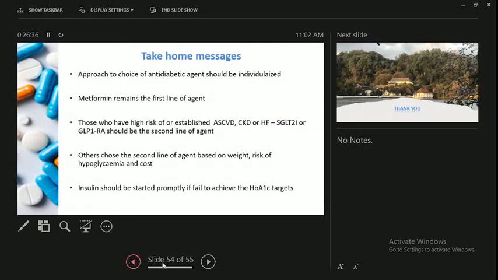Others choose the second line agent based on the weight of the patient and risk of hypoglycemia and the cost. And insulin should be started promptly if the HbA1c target is not achieved.